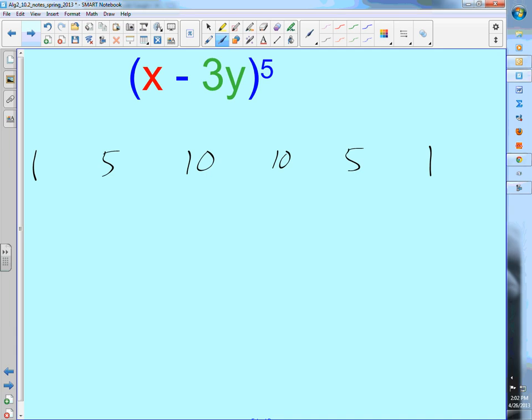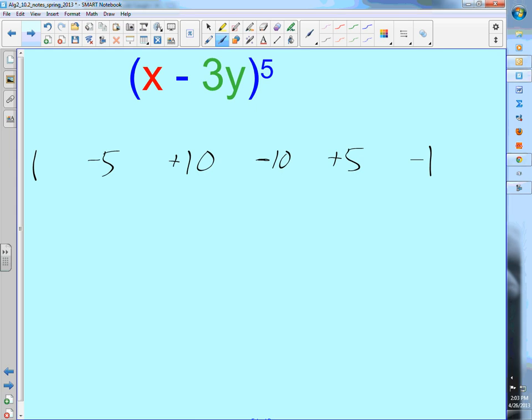The first term, unless this x is negative for some reason, which it's not going to be in this class. So in this class, your first term is this one, and it will be positive. Not the first sign, the first term. So this term is positive, so the 5 gets a negative. Alternating positive, negative, positive, negative.